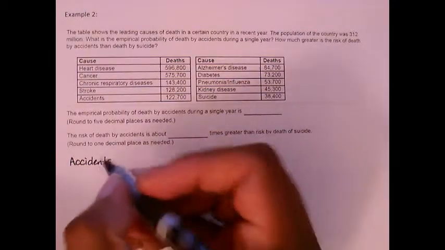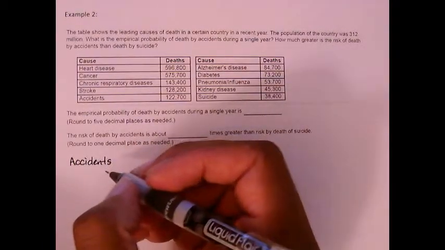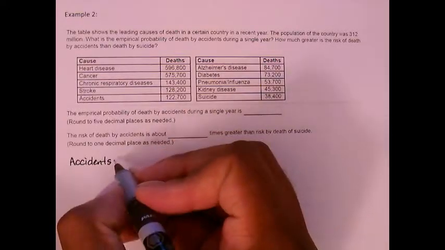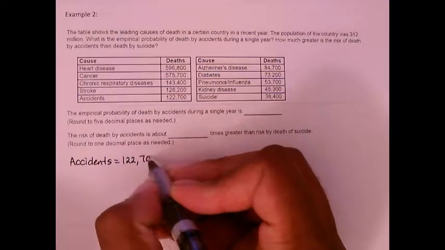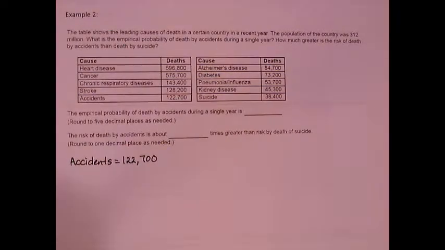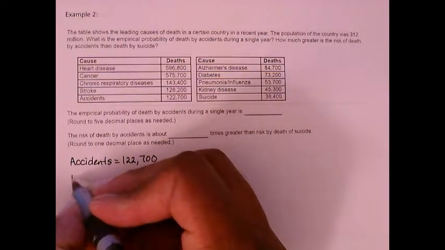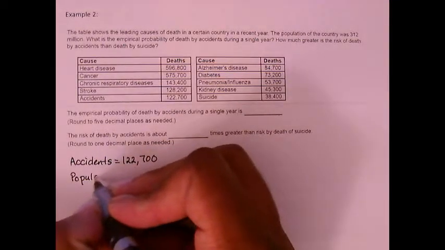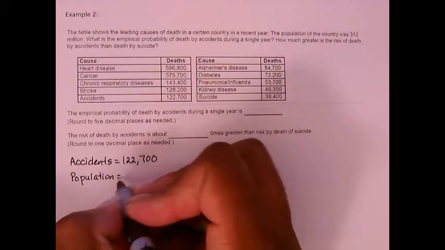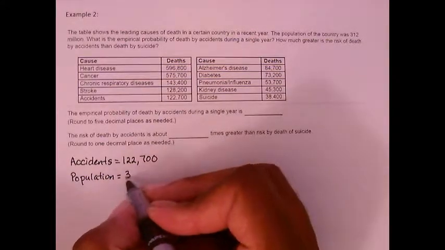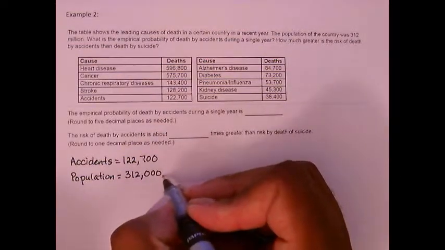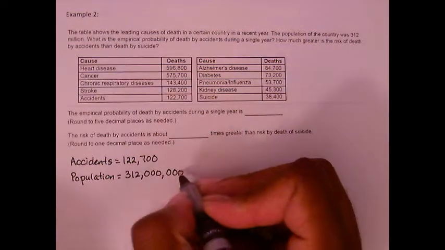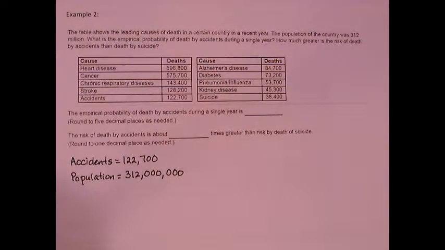Let's start off with the accidents here. The number of accidents we have here is 122,700 as given in the table. Now we're told the population of the country was 312 million. I'm going to write 312 million like this: 312 with 6 zeros behind it.